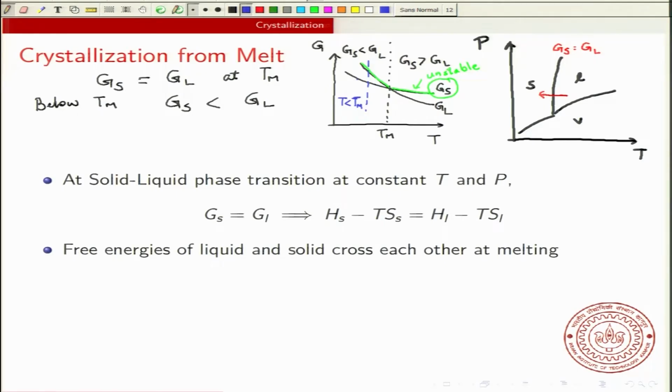So you can see that delta G, which is equal to G liquid minus G solid, increases as T decreases below melting.